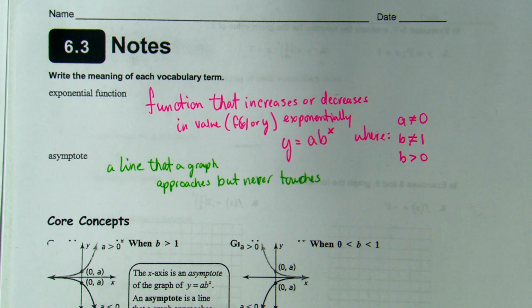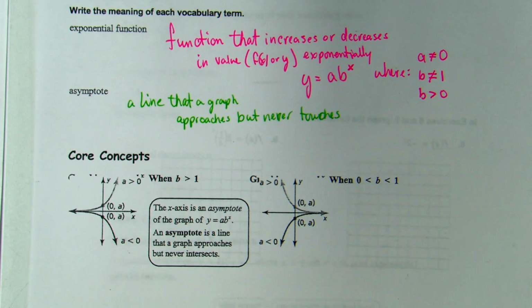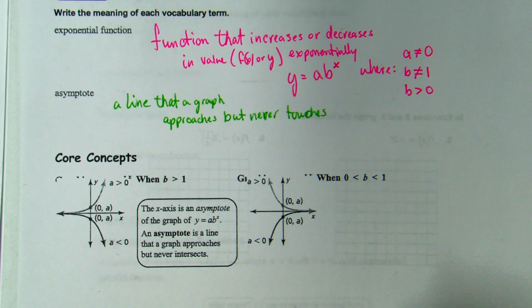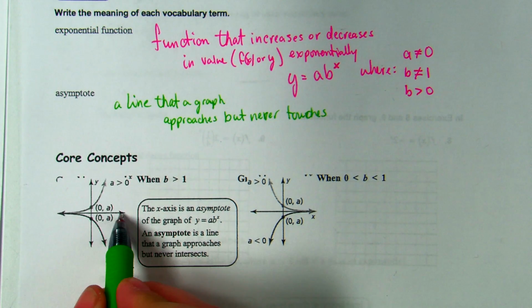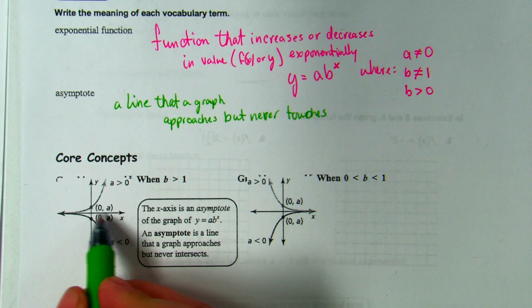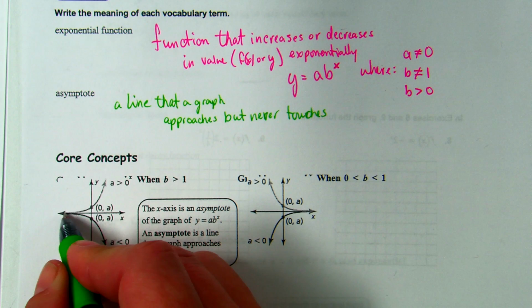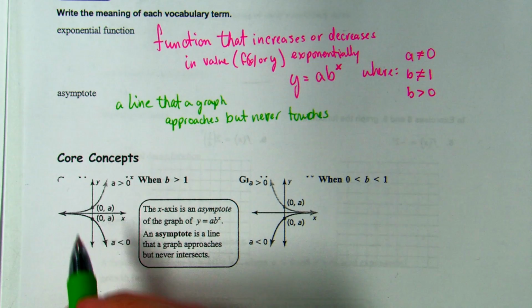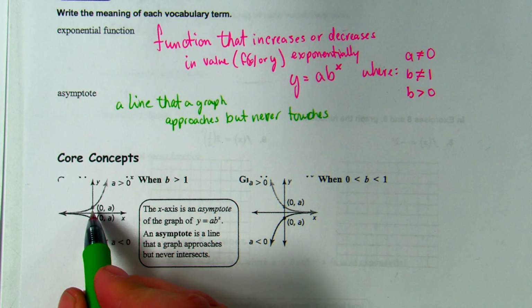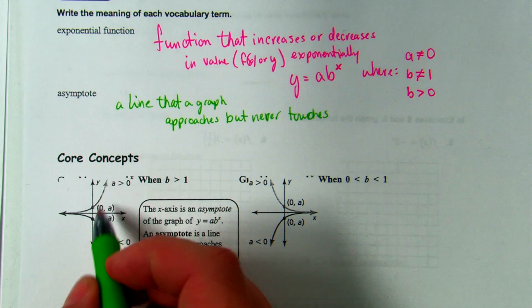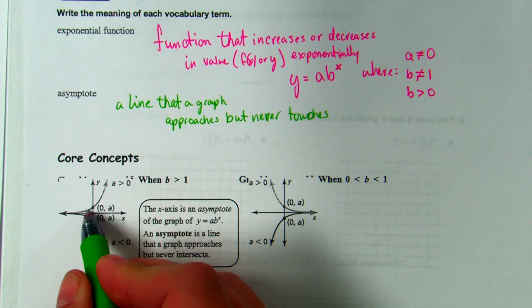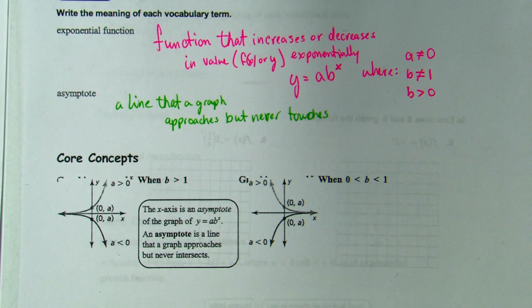And we're going to see examples of that here in our illustration, where in this case the x-axis is an asymptote. And what that means is that this graph is going to get extremely close to the x-axis but never actually be the x-axis. Now, for it to be on the x-axis, the y value would have to be 0. So what you're looking at here is this value is going to get extremely close to 0. It's going to be 0.0000001.